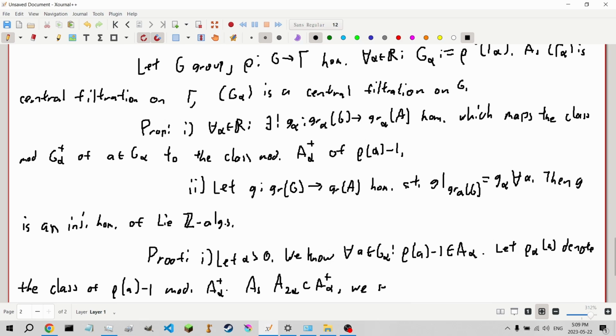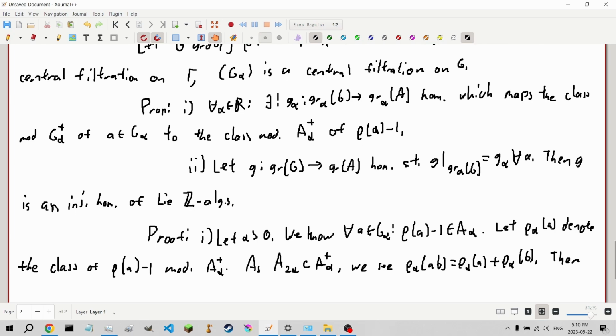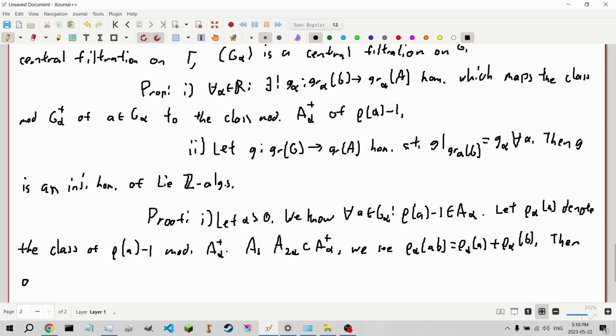We see that rho alpha of AB is rho alpha of A plus rho alpha of B. And A is in G alpha positive if and only if rho of A minus 1 lies within A alpha positive.